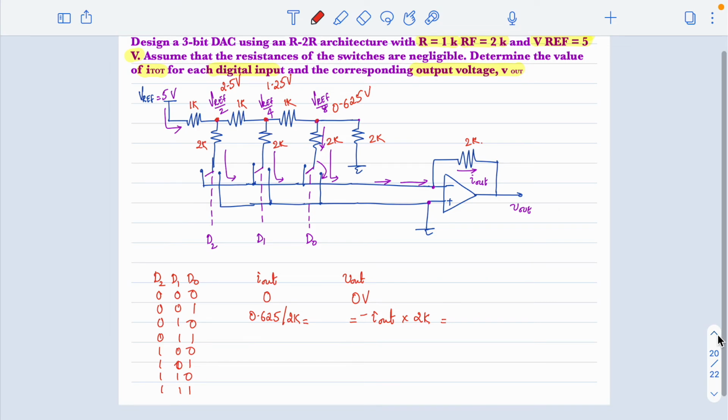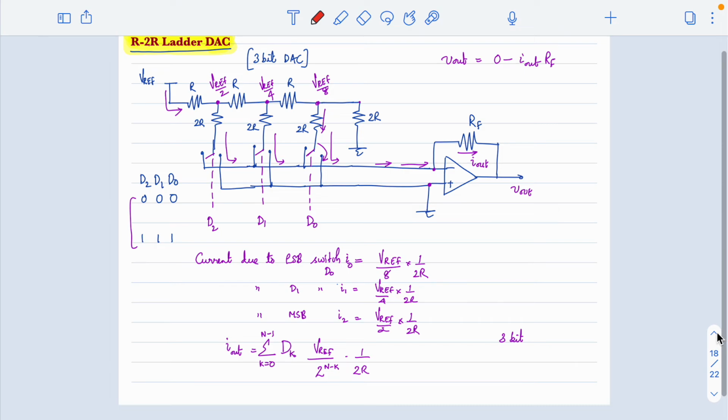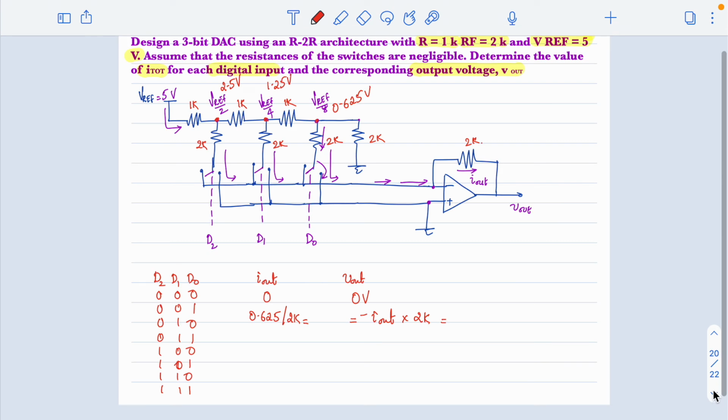So the DAC architecture is very simple. This is the architecture. Depending on the number of bits, you have to construct the ladder first, and based on that you can write the node voltages. From that you get the current, and that current value multiplied by the resistance will give you the output voltage. So I think here 0.625 by 2K will be equal to somewhere around 0.31 milliamps.